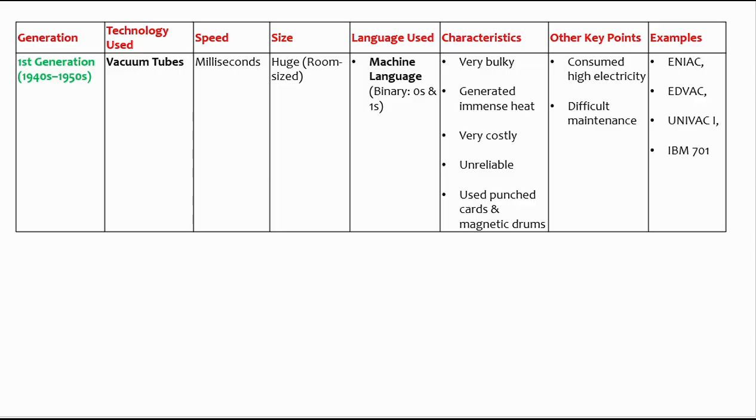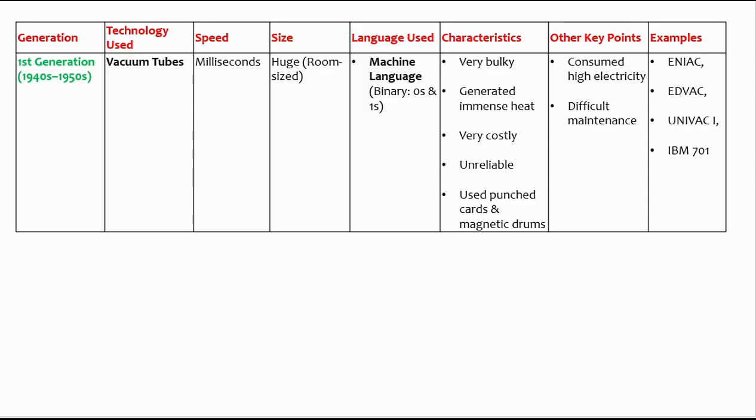These computers worked only in machine language, which is the lowest level language made of binary digits, zeros and ones. People used punch cards to enter data and magnetic drums were used for storing information. These machines consumed a lot of electricity and often broke down, making maintenance very difficult.